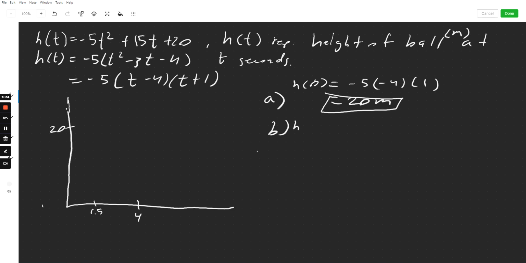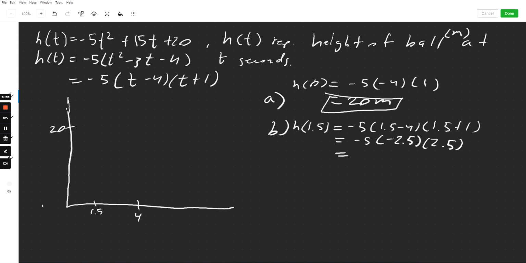So h(1.5) equals -5(1.5 − 4)(1.5 + 1), equals -5 times -2.5 and then 2.5.